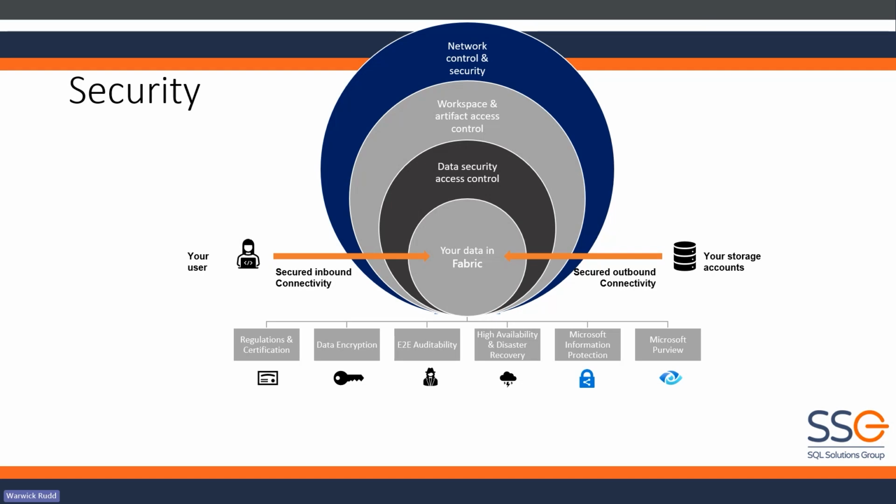If you are having issues, and you need Microsoft to assist you and gain access, they don't just have direct access, but it's undertaken via lockbox, and there are steps that you go through to be able to provide them access to that. We've got service tags that we mentioned, and this is where we're able to allow other Azure services and Fabric services to work together.